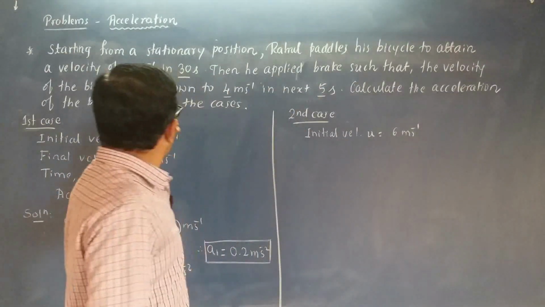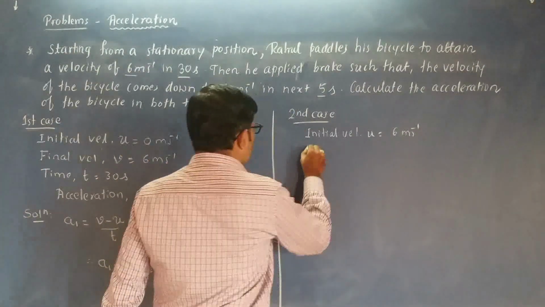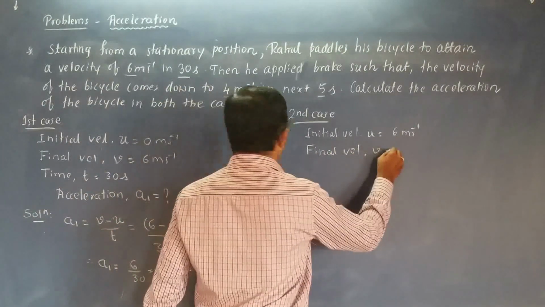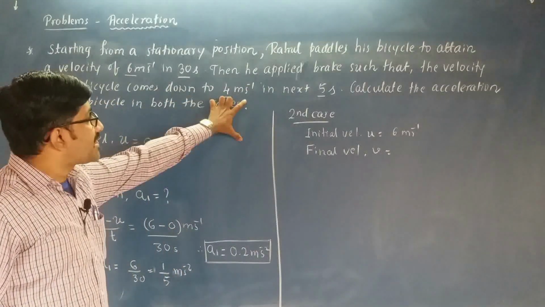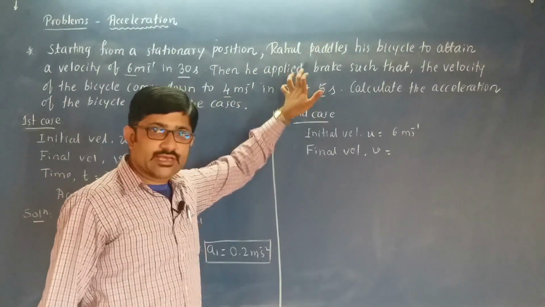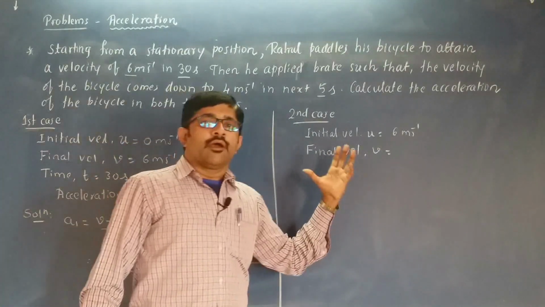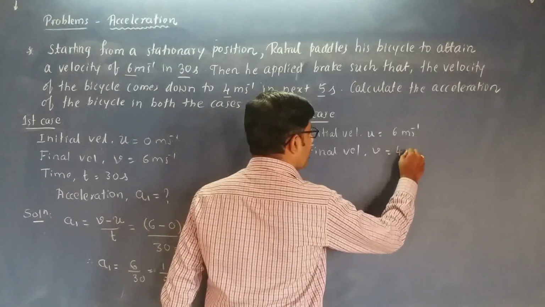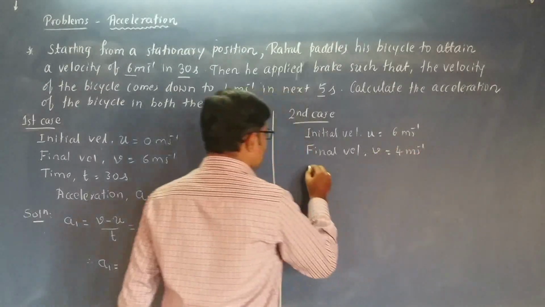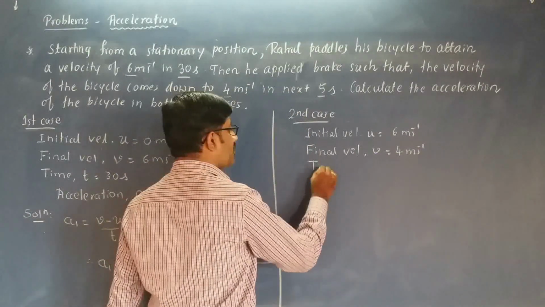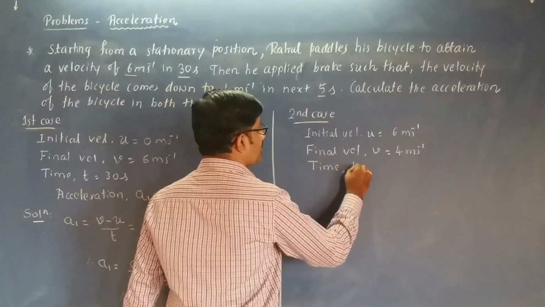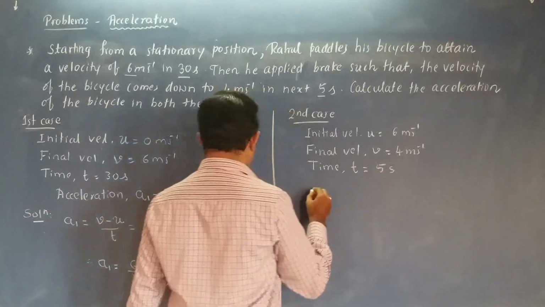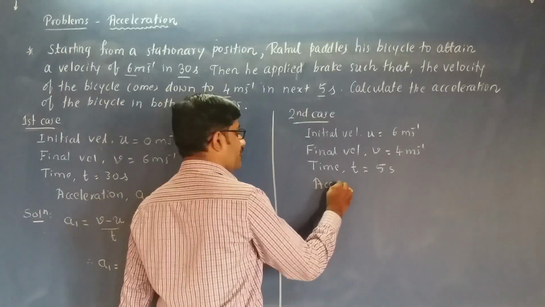Then what will be the final velocity? Here the final velocity will be v equal to 4 meter per second after the application of the brakes. Then the time is mentioned here also, that is the next 5 seconds.